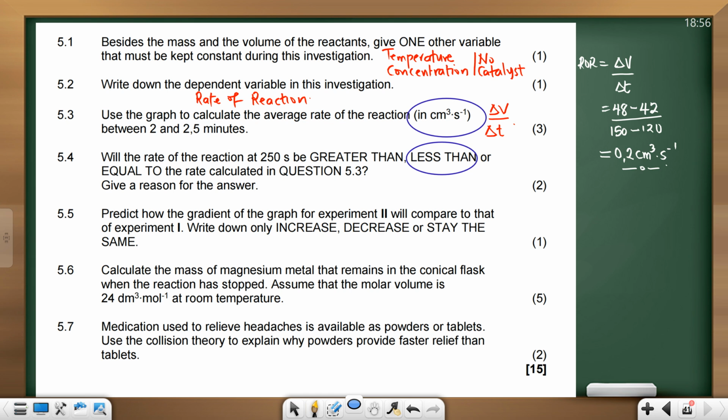Anybody? Talk to me. I'm waiting for answers here. Experiment 1 is faster than experiment 2. So what will happen to the gradient? Predict how the gradient of graph 2 will compare to graph 1. Can I get answers, please?